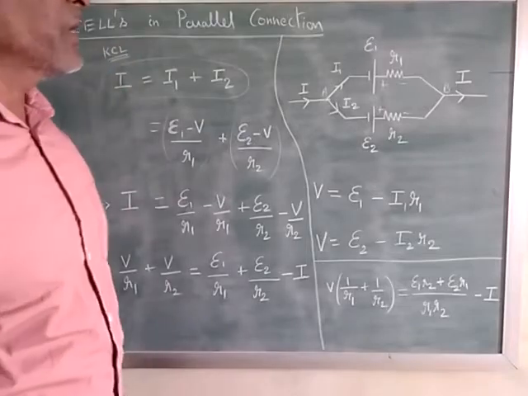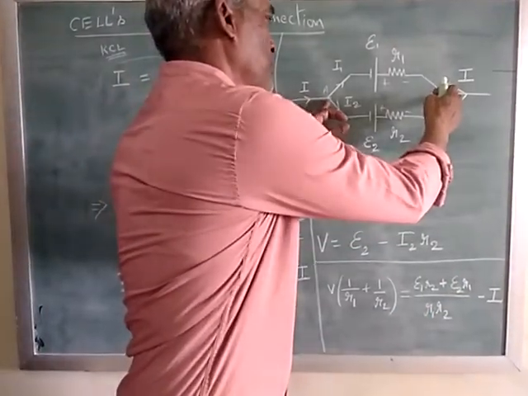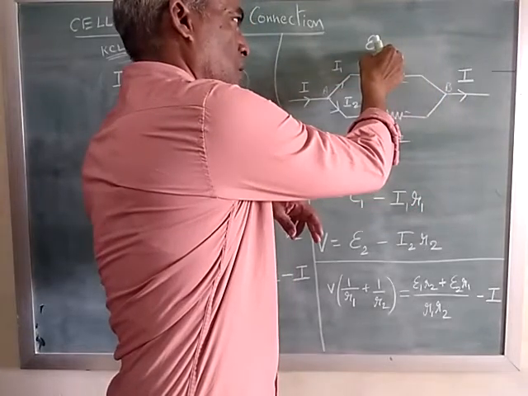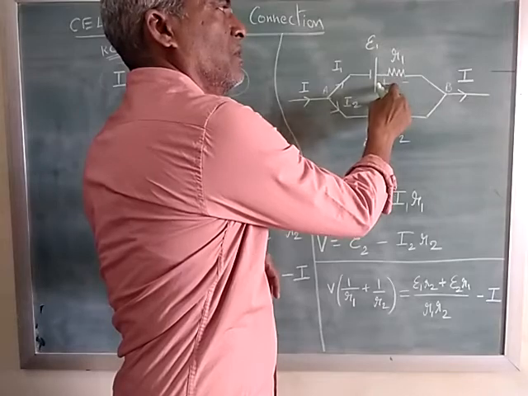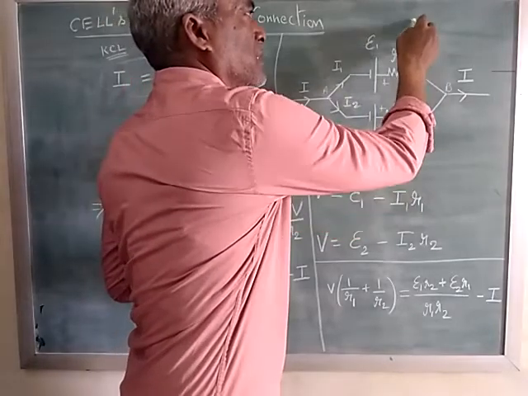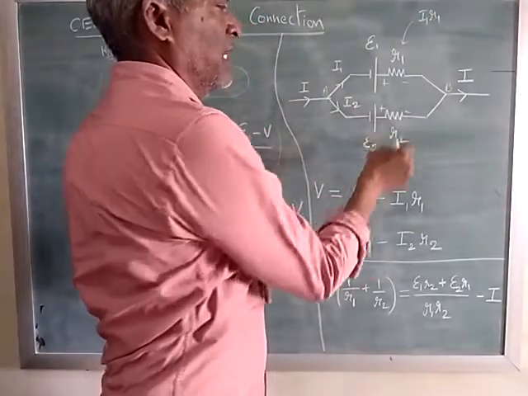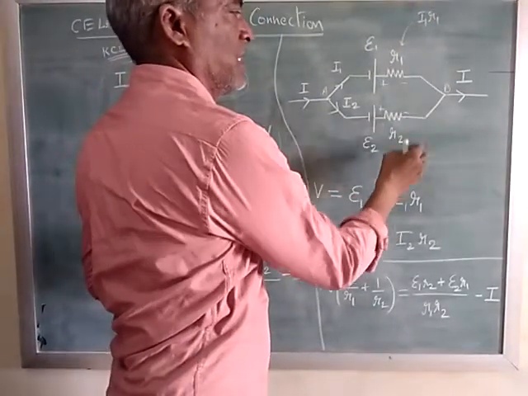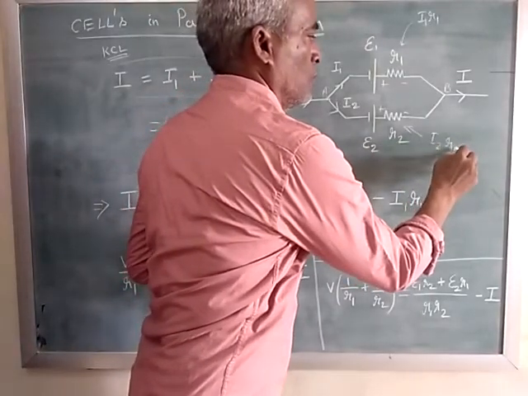As I said earlier, the voltage between these 2 points for this case will be E1 minus this drop. What is the voltage drop here? The voltage drop here is I1 R1. Similarly, for this case, current flowing in this branch is I2, therefore the voltage drop is I2 R2.